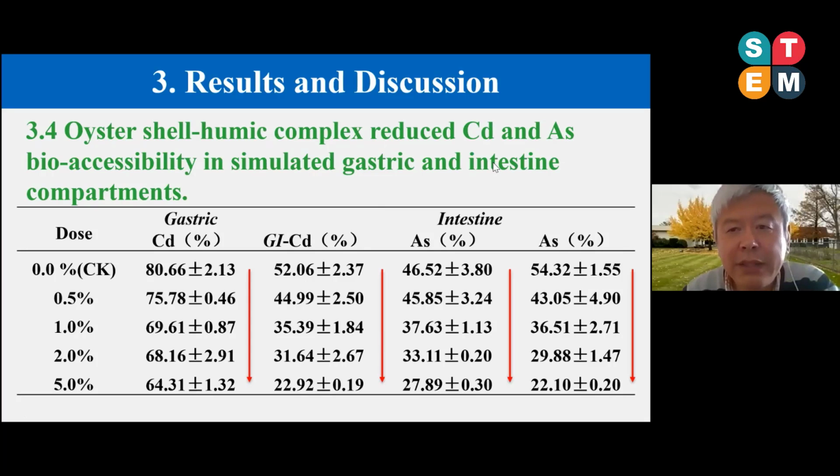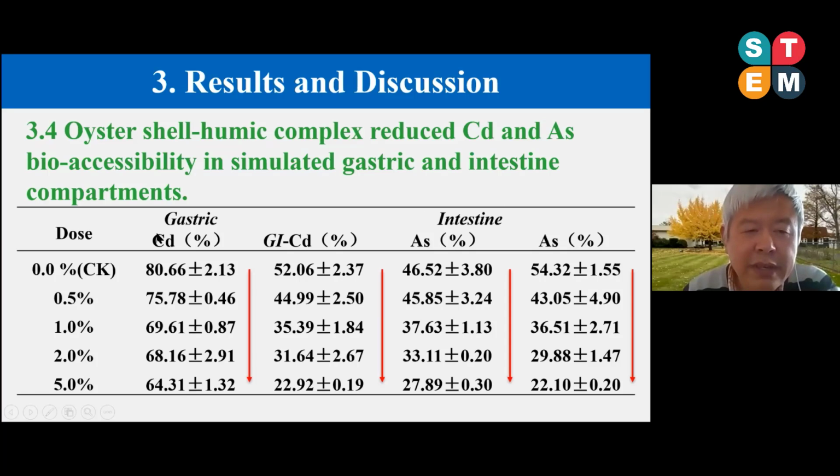And the next part is on the bioaccessibility test. So assume some children take soil in, and what kind of effect, what kind of risk the soil has on their health.